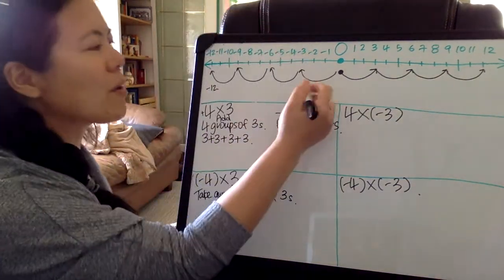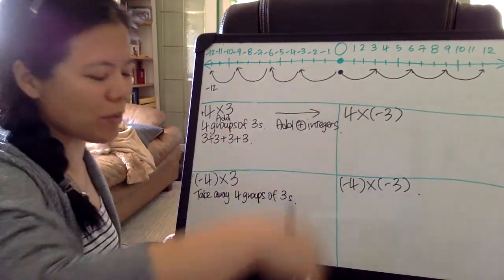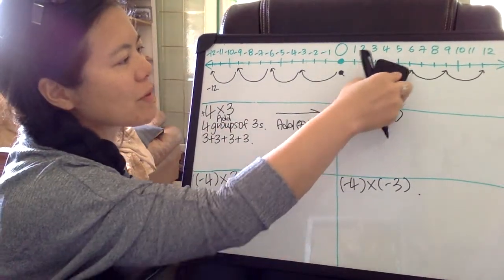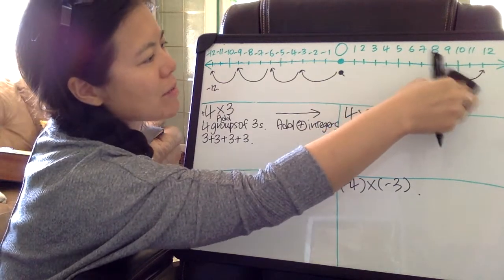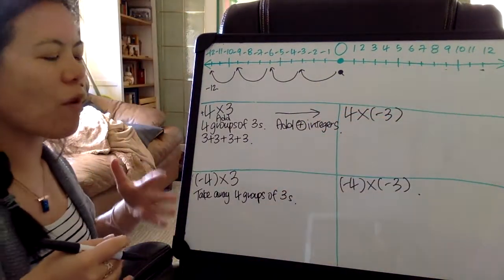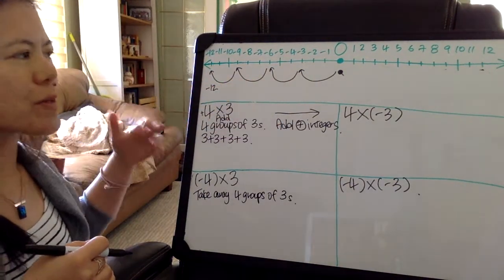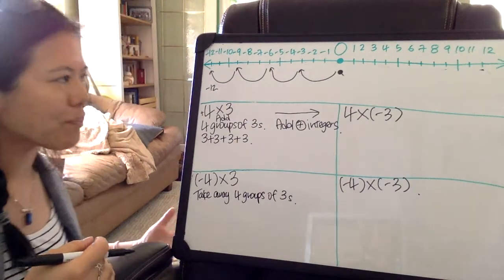So look what you just did. This is going to be a little confusing because I'm going to erase this. I just took away 4 groups of 3s: 1, 2, 3, 4 groups of positive 3s, right?